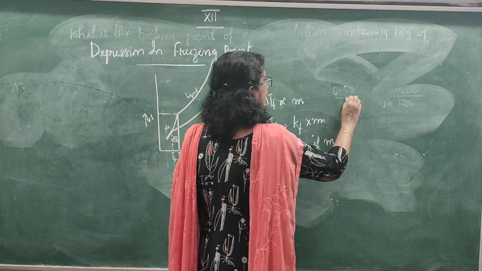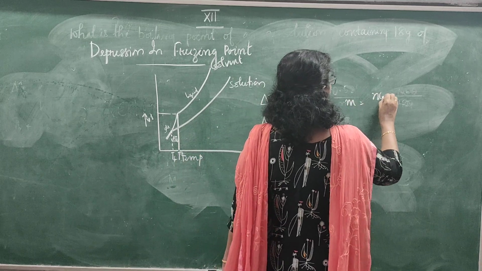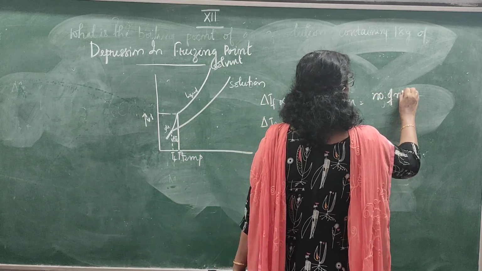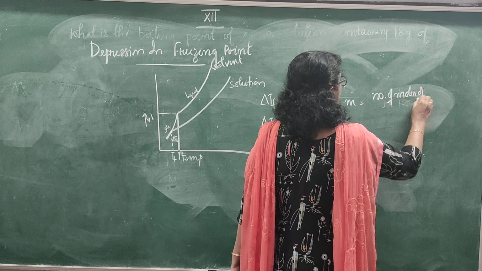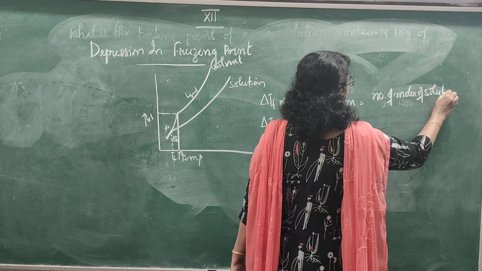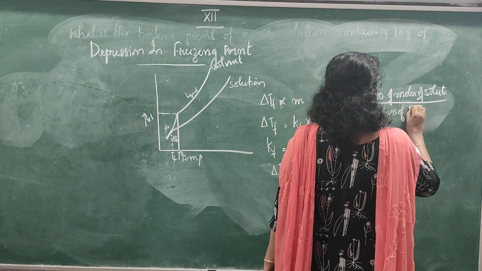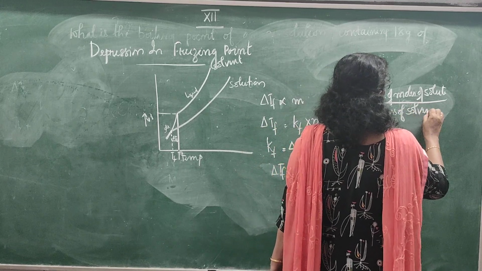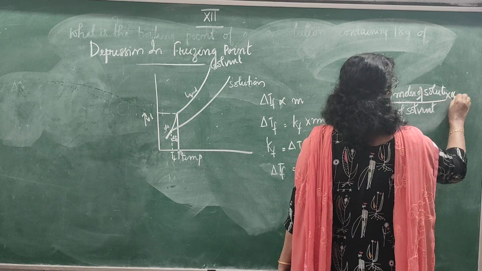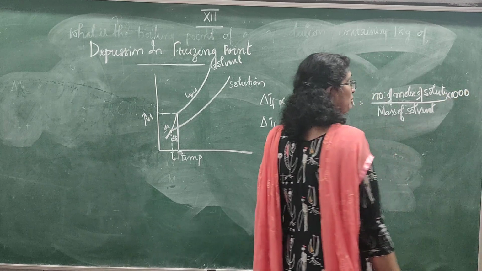Now what is molality? Molality is equal to number of moles of solute divided by mass of solvent in grams into 1000. So here itself we have converted gram to kilogram.